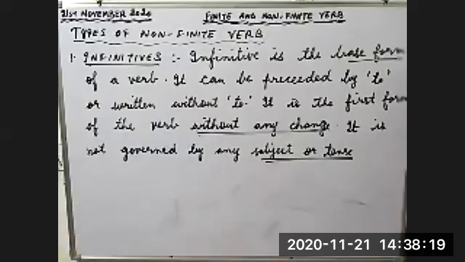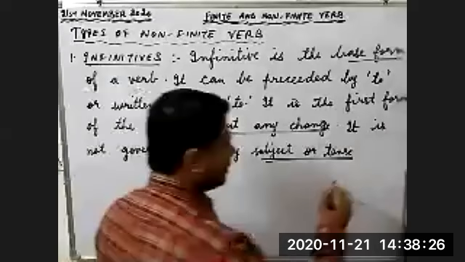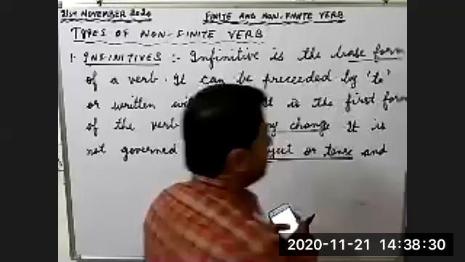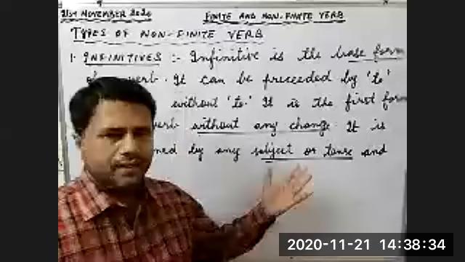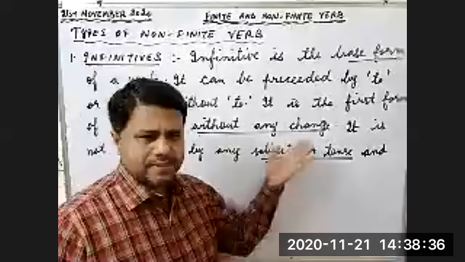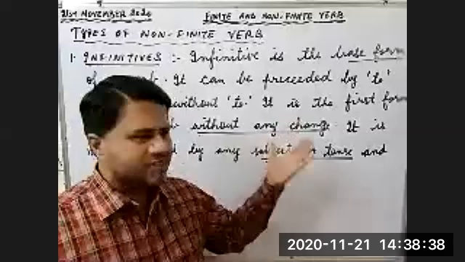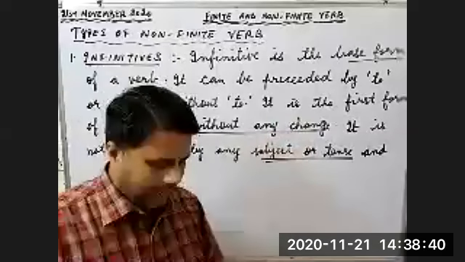Children, we have already discussed these things yesterday. It is not governed by any subject. It is not governed by any tense. It does not change. We use the base form, and it is not used as verb.